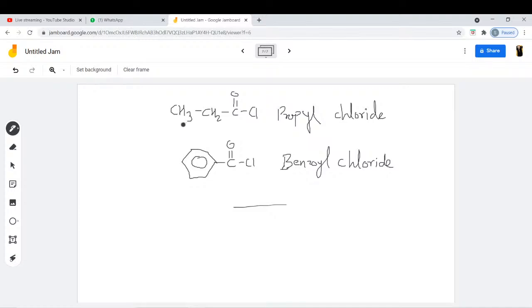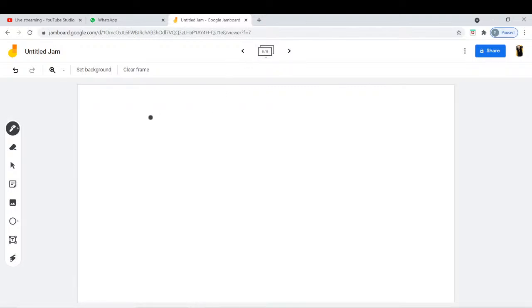Then one more example I cover is sulfonic acid. Taking it on another slide. Sulfonic acids.